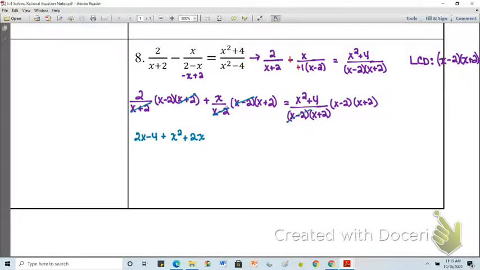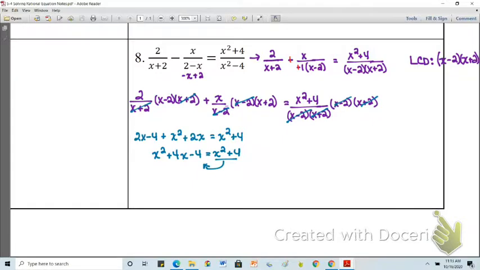And over here, all of that cancels, leaves me with x squared plus 4. So if I combine like terms, I have x squared plus 4x minus 4 equals x squared plus 4. I'm going to bring both of these terms over to the other side. When that happens, my x squareds cancel out.